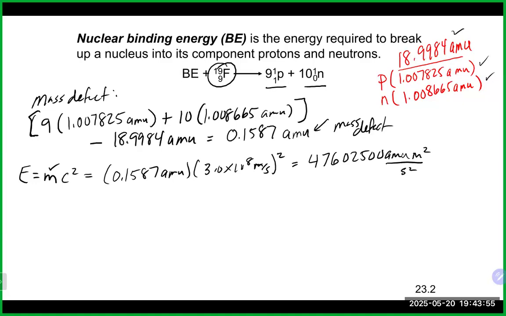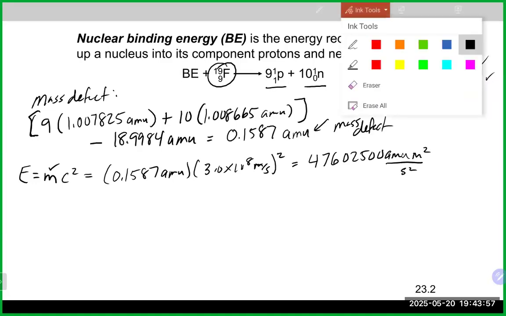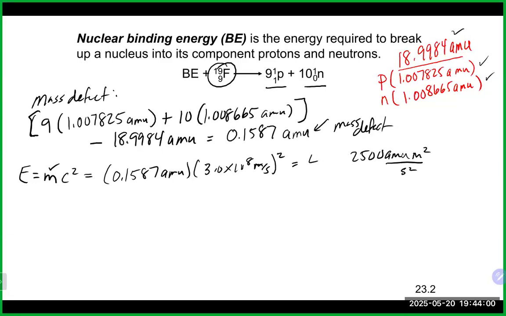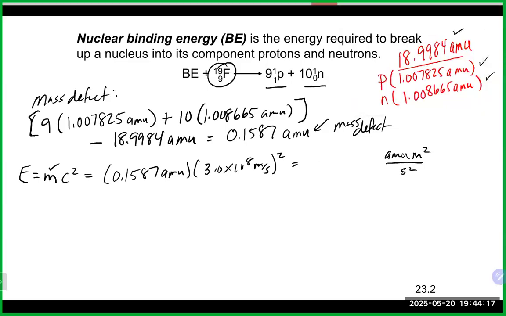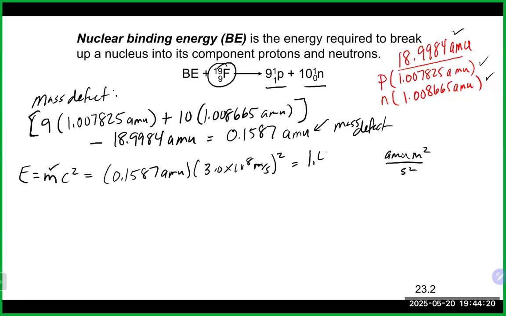I feel like that number just didn't feel right, so let me try that again. I feel like I missed the squaring part. So 3 times 10 to the 8, and actually hit the square button. That should help. We actually get 1.428 times 10 to the 16. That feels a little bit better.